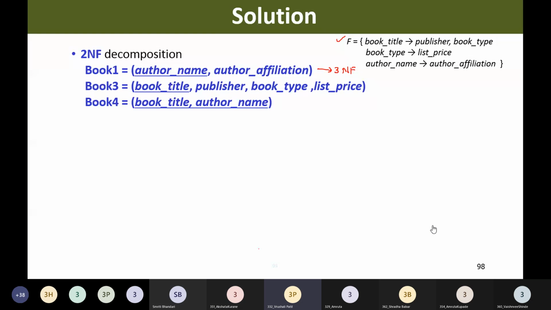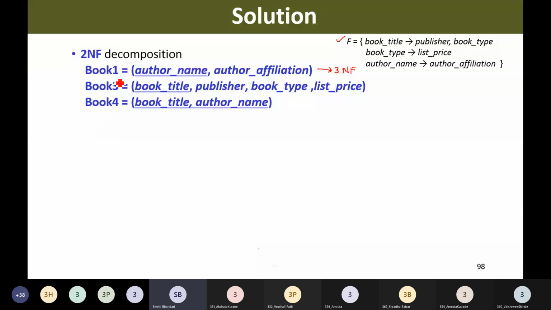The relation is in 3NF if it is in 1NF and 2NF, and there is no non-primary key attribute which is transitively dependent on the primary key.